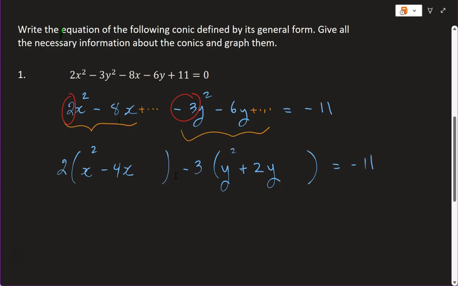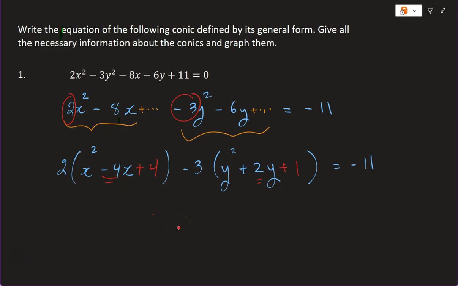All right, so now we're going to add. What do we have? We have negative 4 divided by 2 is negative 2. Negative 2 squared is positive 4. And then on this side, we deal with the positive 2. Positive 2 divided by 2 is 1. 1 squared is 1. I'm going to add 1. And now here's the trick.